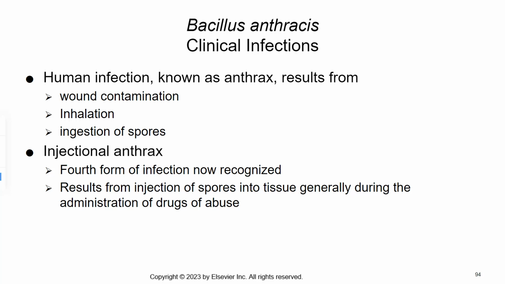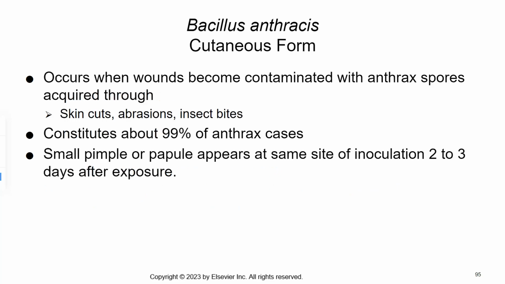It results from the injection of spores into tissue, generally during the administration of drugs of abuse. Sometimes when people are injecting drugs like heroin, they happen to get the needle contaminated with some of this Bacillus anthracis. They inject it into their skin, and now they've got that anthrax spreading in their skin.